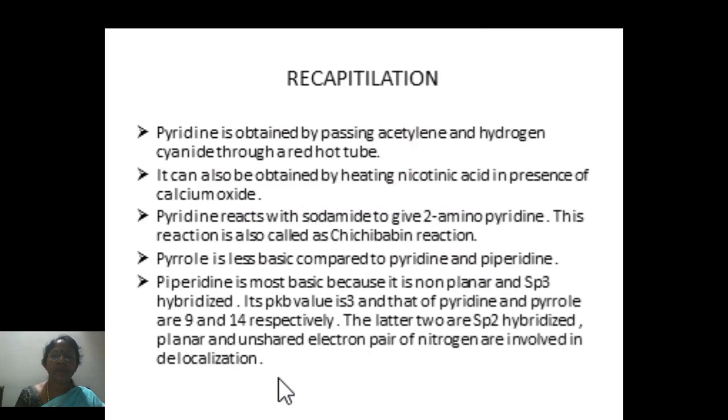Now, in this session, we understood the methods of preparation of pyridine from acetylene and nicotinic acid.